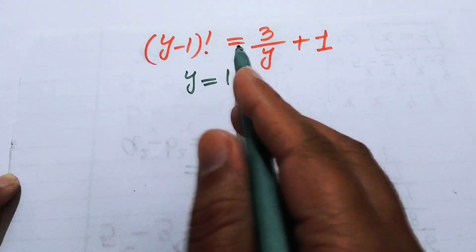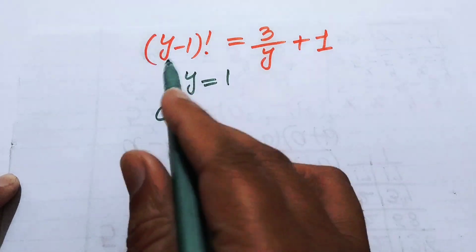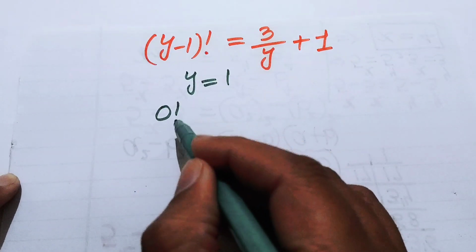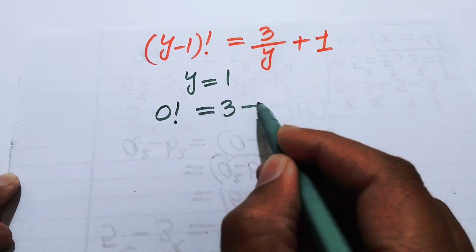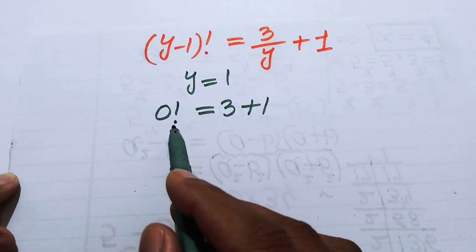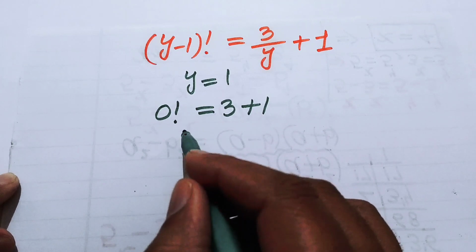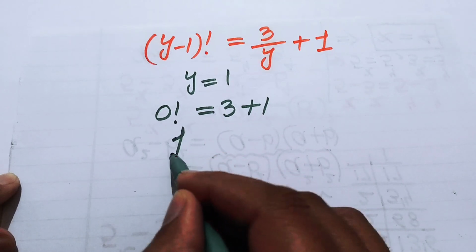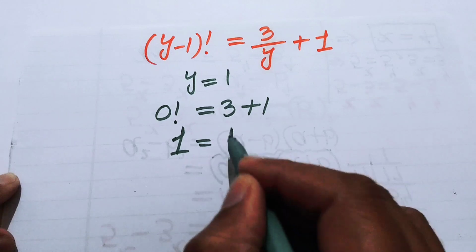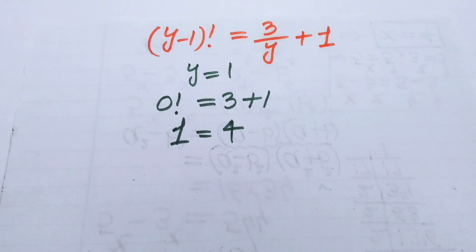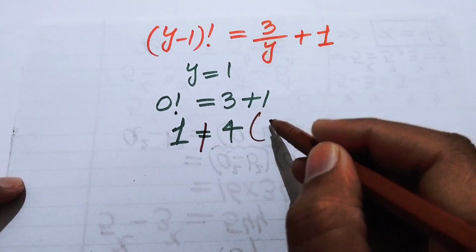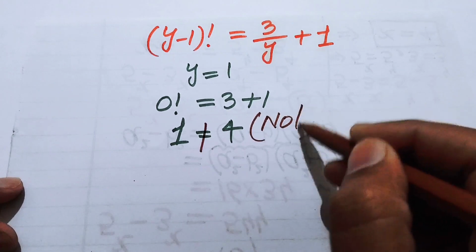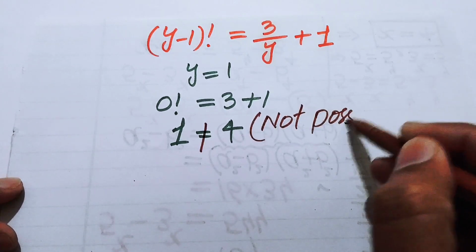When you put y equals 1 on both of the sides, on the left hand side we have 0 factorial equals 3 over 1 is 3 plus 1, and you know that 0 factorial equals 1 and 3 plus 1 equals 4, and you conclude here that 1 is not equal to 4. So it is not possible.